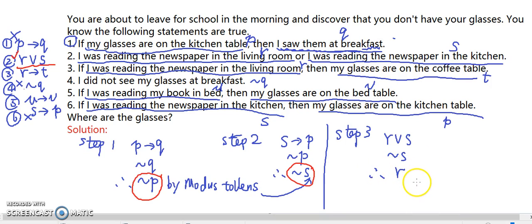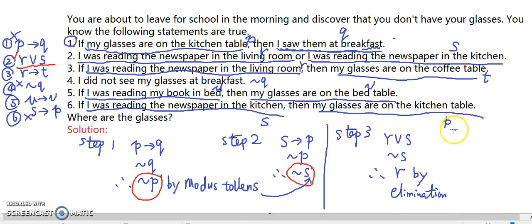This is also called elimination, because we know at least one of these 2 cases must occur. If we can eliminate S, that tells us R must occur. So this is by elimination.